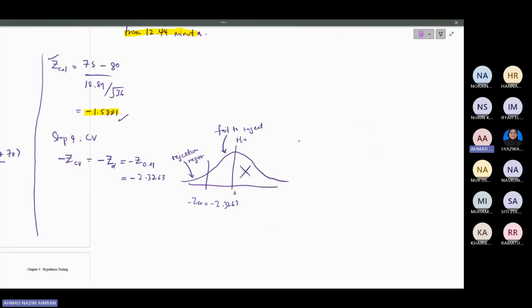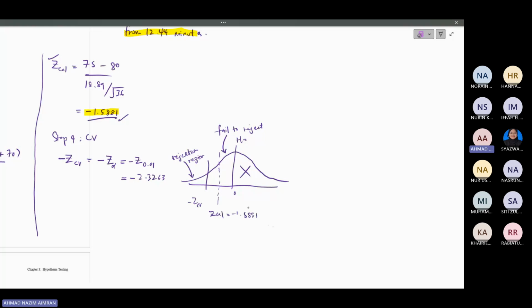Right now, our Z calculated is negative 1.5881, which is here. This is our Z calculated, negative 1.5881.